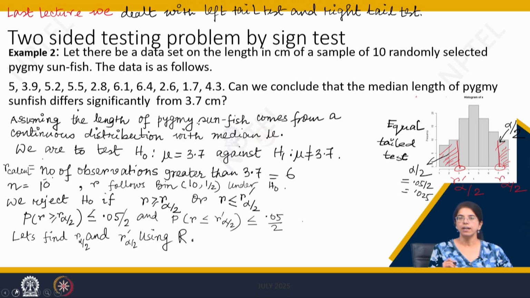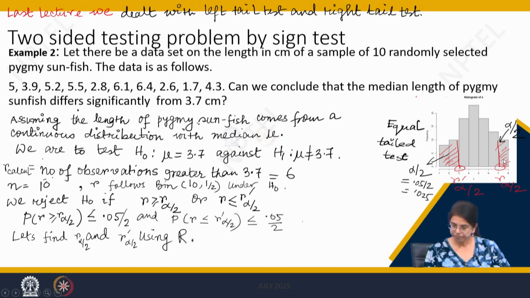Alpha here is your level of significance, and generally we consider equal tail probability or equal tail rejection region. So in case you are considering alpha as 0.05, alpha by 2 comes as 0.025. So your right tail rejection probability will be 0.025 and your left tail rejection probability will be another 0.025. Clear?